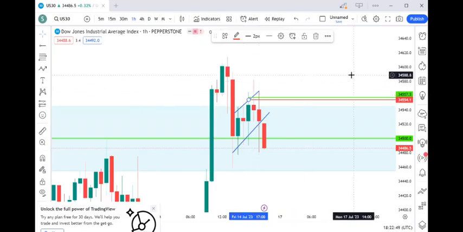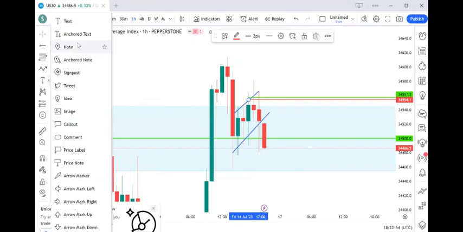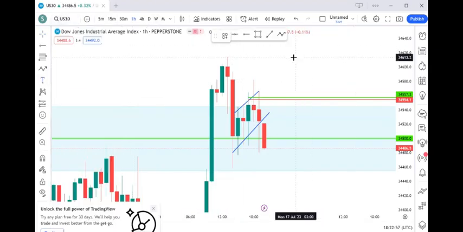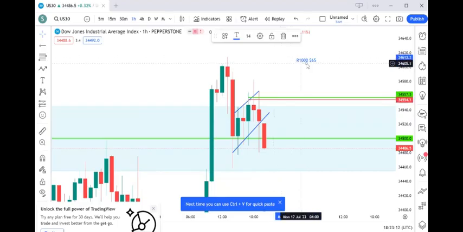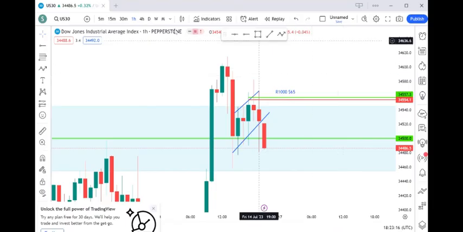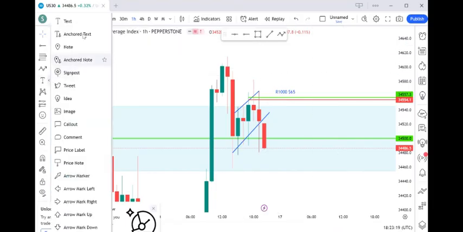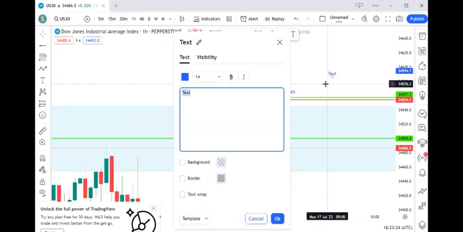I found a way to beat the system by having 1,000 Rand or $65 funded for every 0.01, depending on the broker you use.